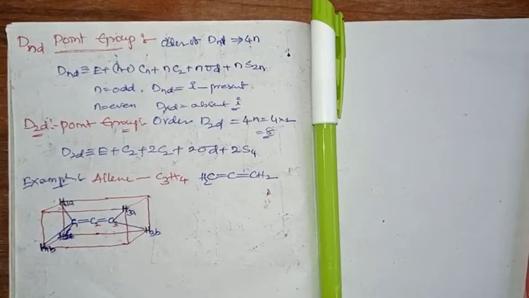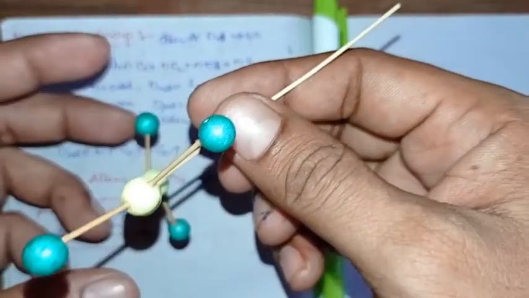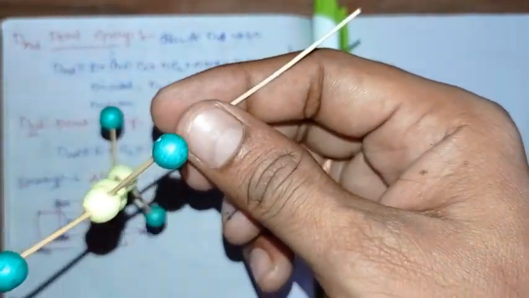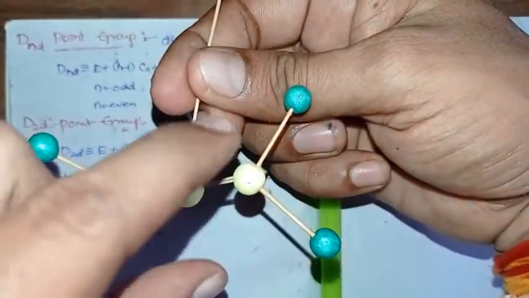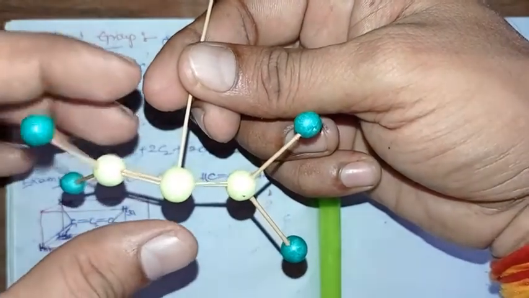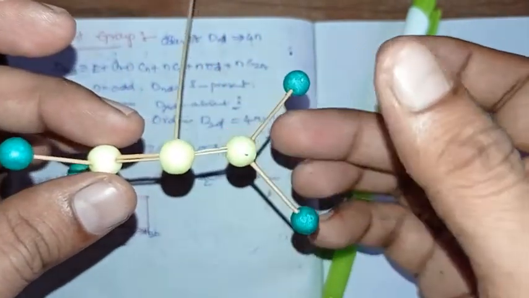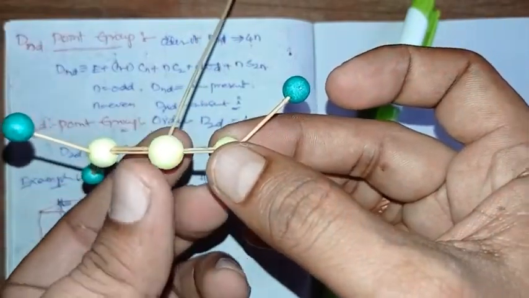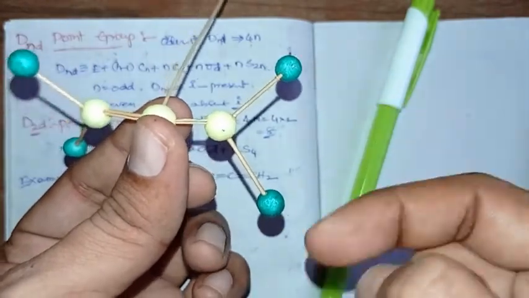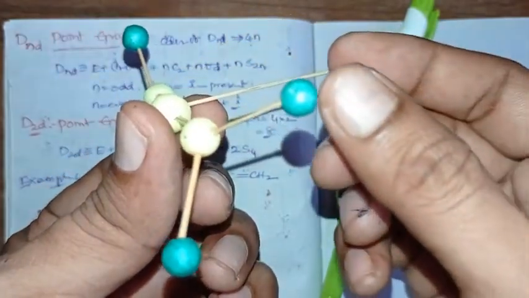Within the model projection, we can draw the allene molecule like this, with three centrally situated carbons linearly arranged, and for the two terminal carbons there will be hydrogen groups, here 2 hydrogens and here another 2 hydrogens.